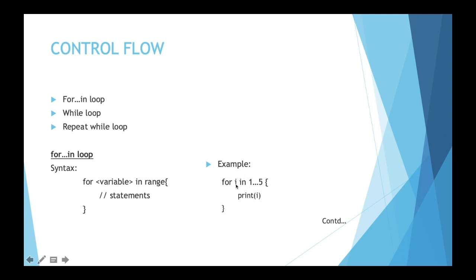Means when I run this loop, the output will be 1 2 3 4 5, because this starting value is going in i and I am printing i, then second value, then third value, then fourth, then fifth, and so on. This way this for loop works, right?